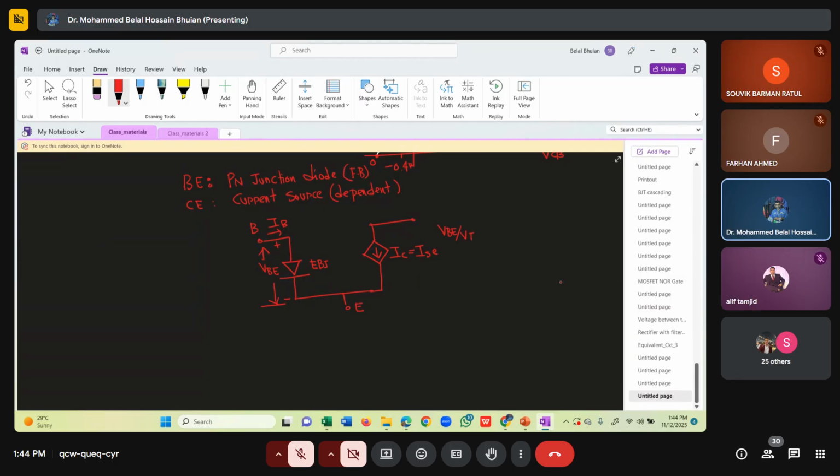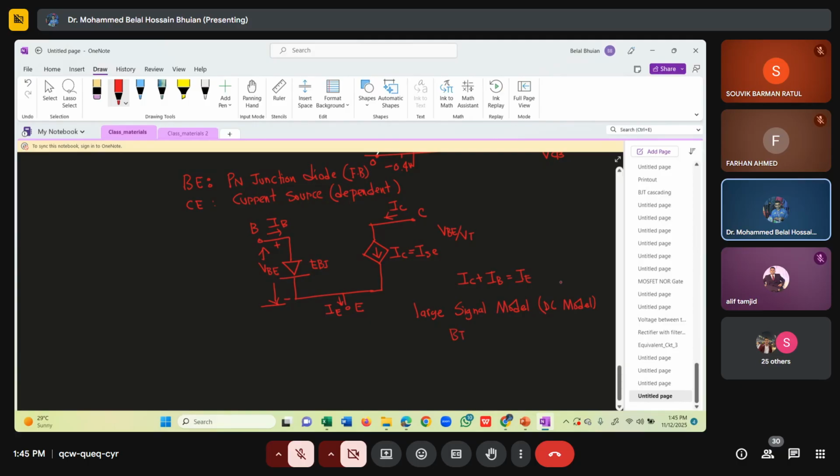Okay, and this is our collector, current is IC, and we already know that IC plus IB is in fact our IE. So that is our IE. This is the large signal model, or DC model, of the BJT.